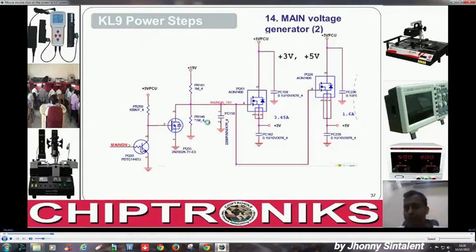What I wanted to tell you is that the power on sequence depends on chipsets: ICH9, ICH10, and Intel series 5 chipsets, that is HM55, HM57. Intel series 6 chipsets are HM67, HM65.